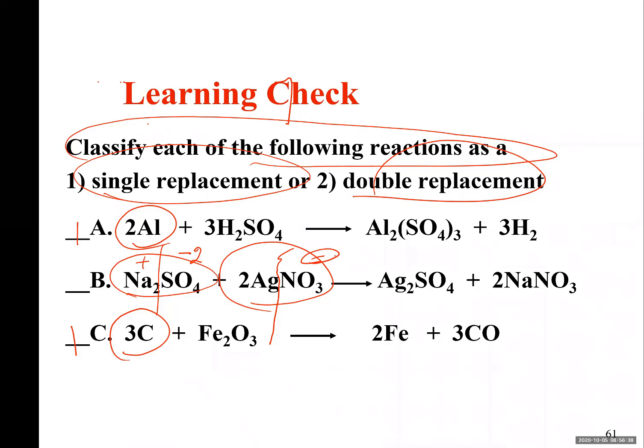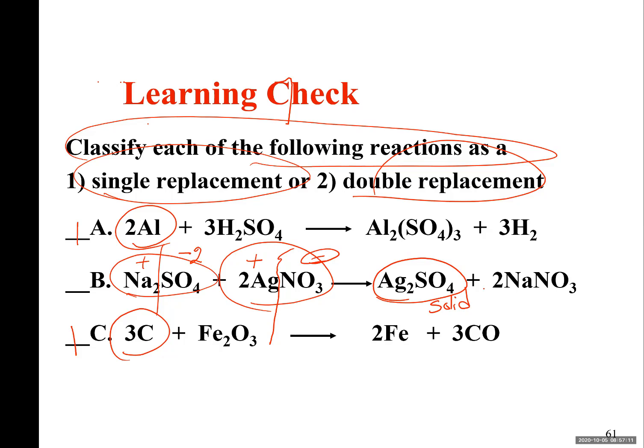Negative charge for polyatomic ion nitrate and positive charge for silver. Metals always have positive charge. So when you add these two together, if you are doing it in the lab, if you are observing a video, you will see formation of a precipitate. This is actually a solid. So you know there is a chemical reaction.